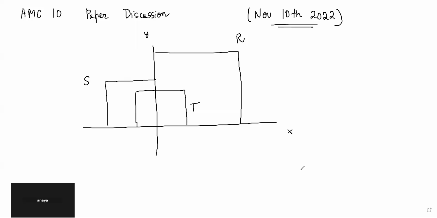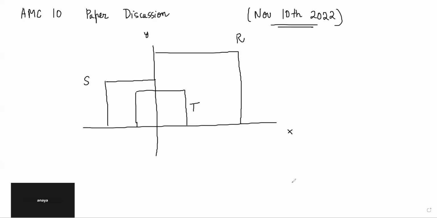Now, they have told us in the problem that RST are squares with vertices at lattice points together with their interiors. Bottom edge is on the x-axis, fine. Left edge of R and the right edge of S are on the y-axis. So the figure that we have drawn is correct.